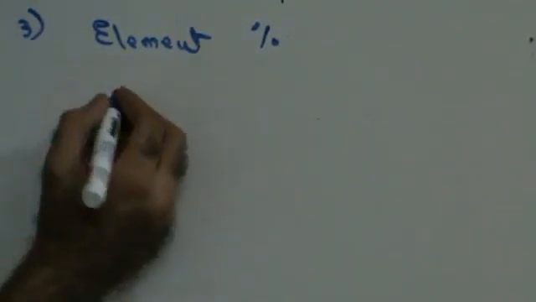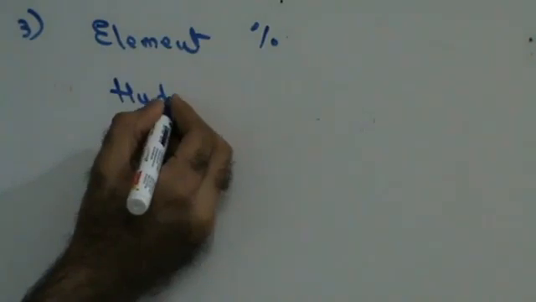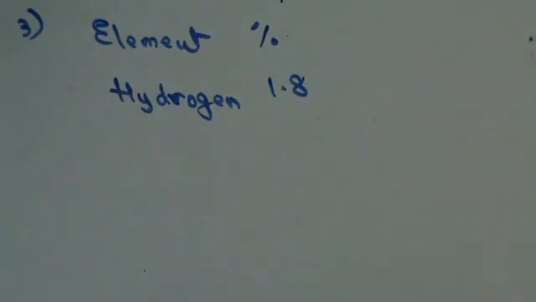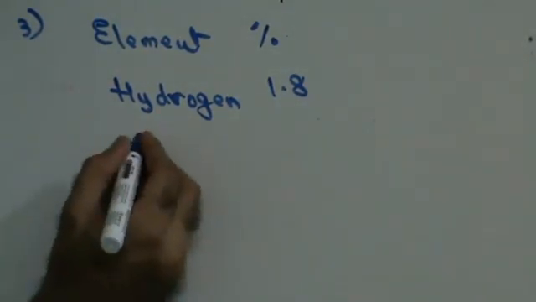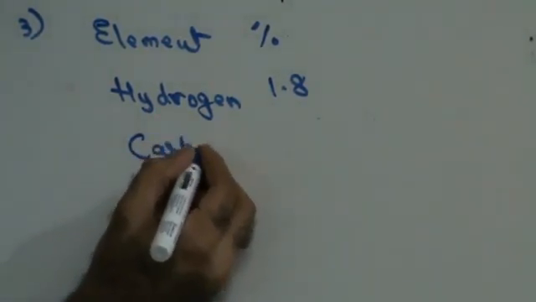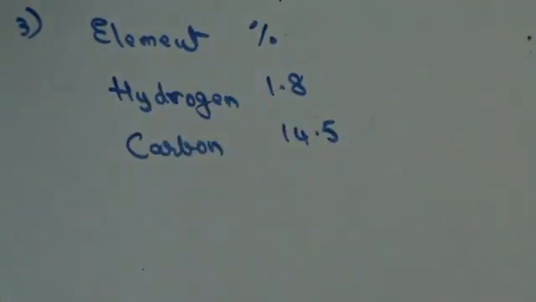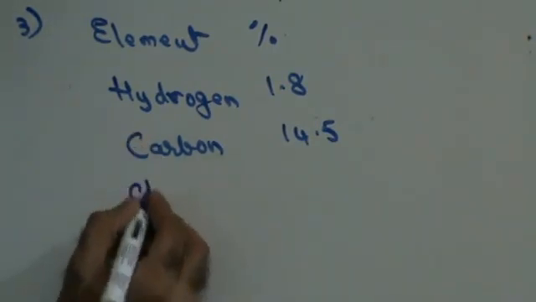An organic compound contains 1.8% hydrogen, 14.5% carbon, 64.46% chlorine.